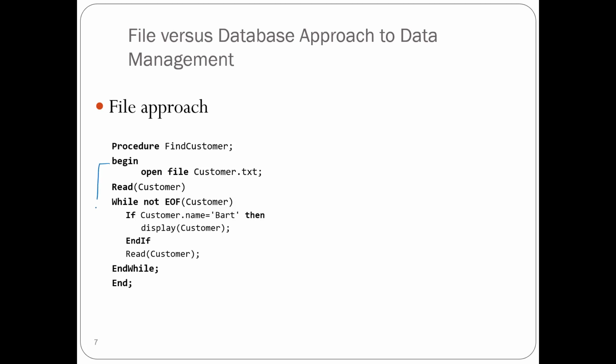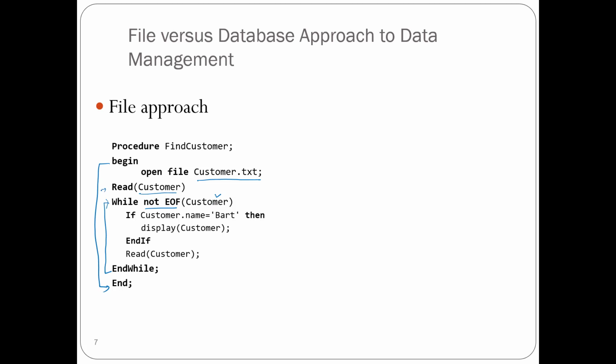Your whole procedure is between the begin and end, and in the procedure called find customer, you are opening a file customer.txt, and then using a while loop to make sure that you're reading every record from the customer.txt file, while not end of the file.